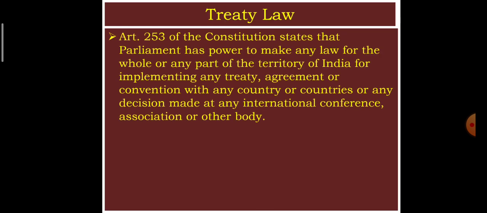Let us understand how treaty laws are followed by India. Under Article 253 of the Constitution, it is specifically stated that Parliament has power to make laws for the whole or any part of the territory of India for implementing any treaty, agreement, or convention with any country or countries, or any decision made at any international conference, association, or other body.